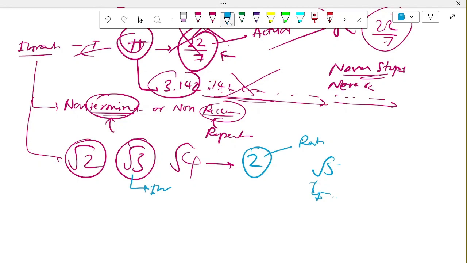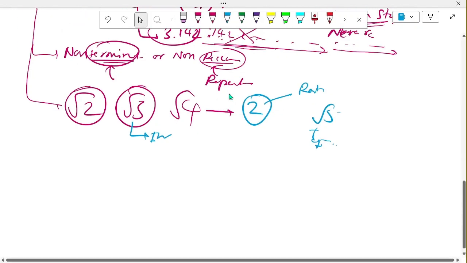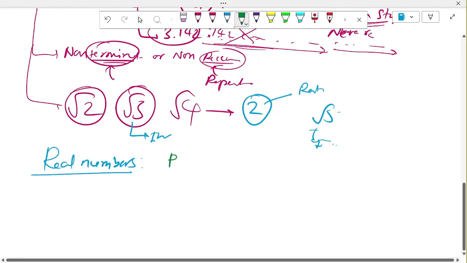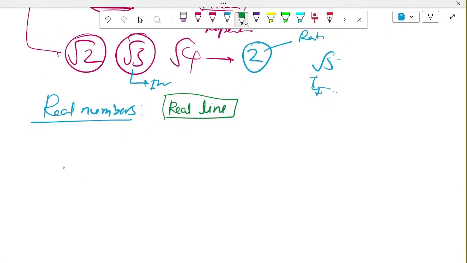And when you combine both rational and irrational numbers, you get real numbers. So there is a concept of a real line. What does the real line show you? I'll draw a real line here.